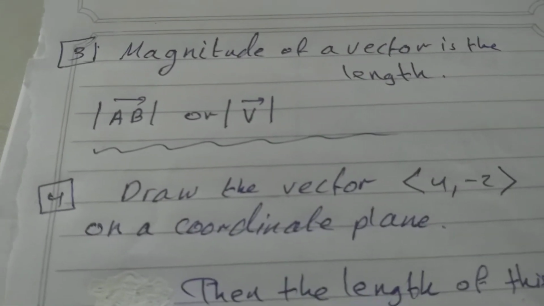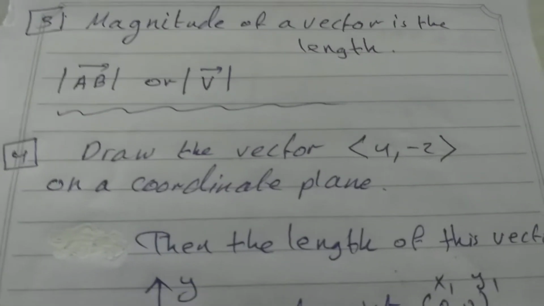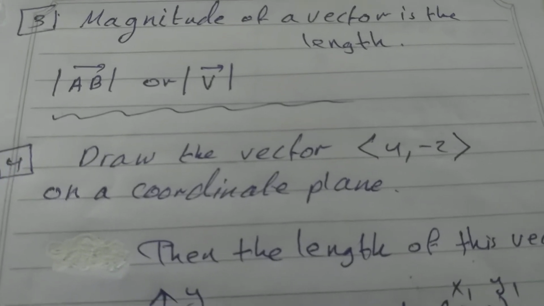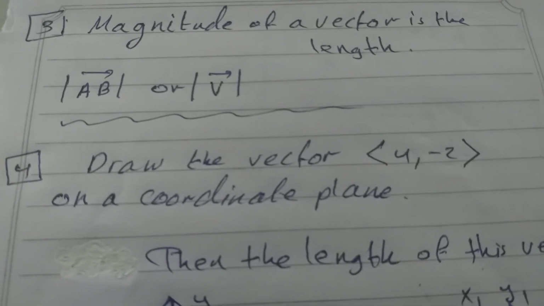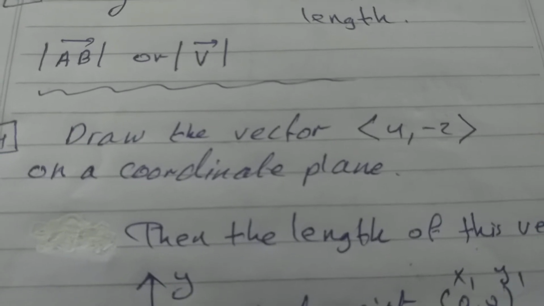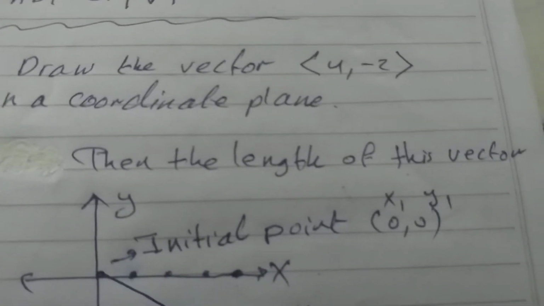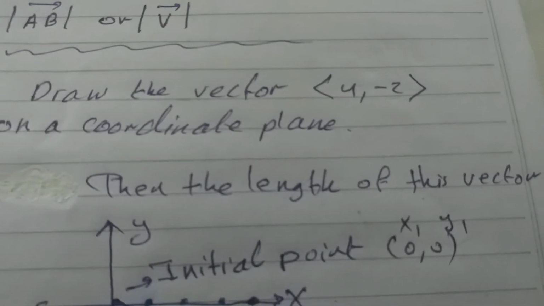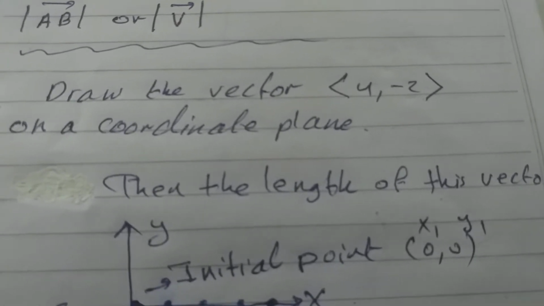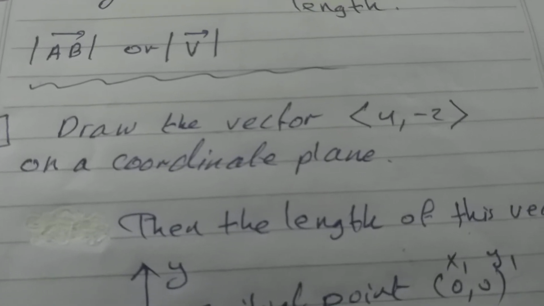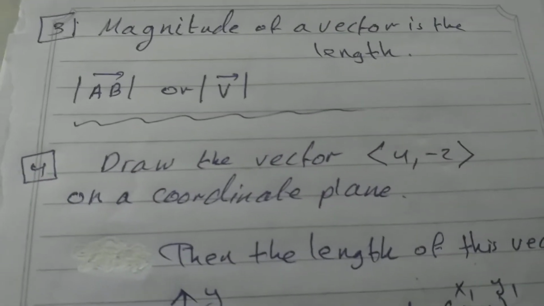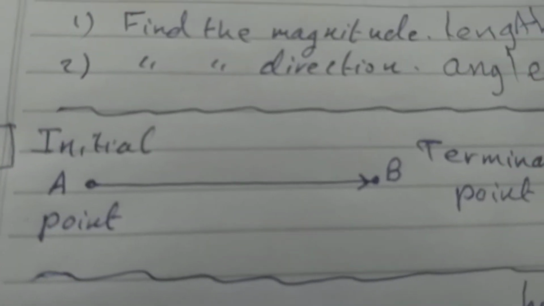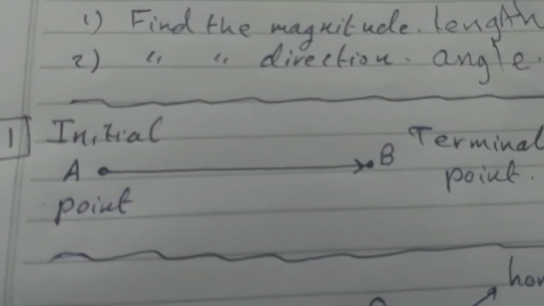Point number 4 of this part, part 1: draw the vector 4 with -2 on a coordinate plane. Then the length of the vector, I need to find it. Any vector, I told you before, should have an initial point and a terminal point.